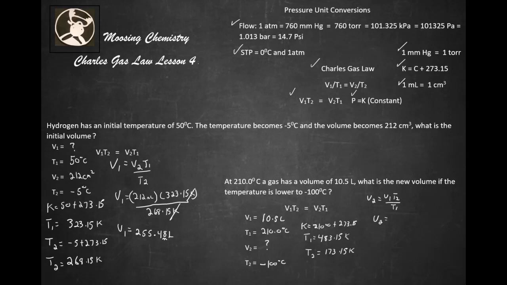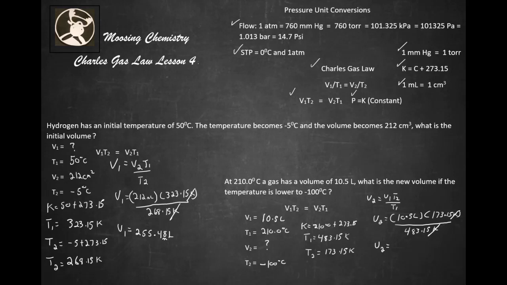So V2 equals 10.5 liters times our T2 temperature, which is 173.15 K, divided by our T1 temperature, which is 483.15 K. Of course, the K's cancel out. And now we'll get our new volume. We just have to do the math.